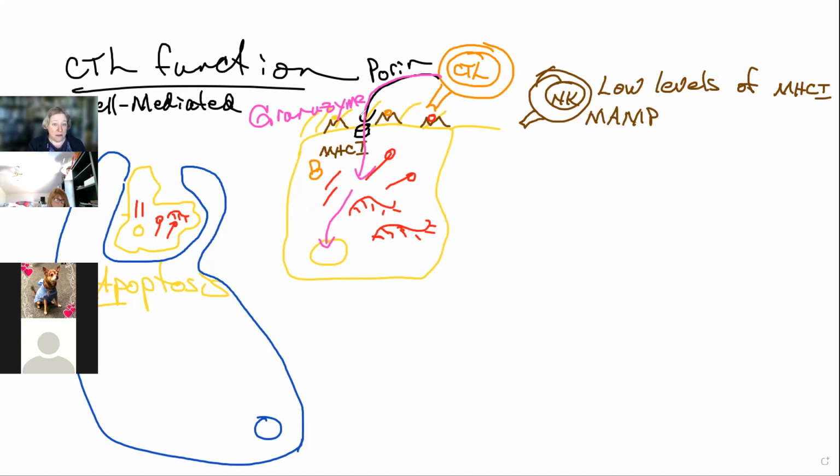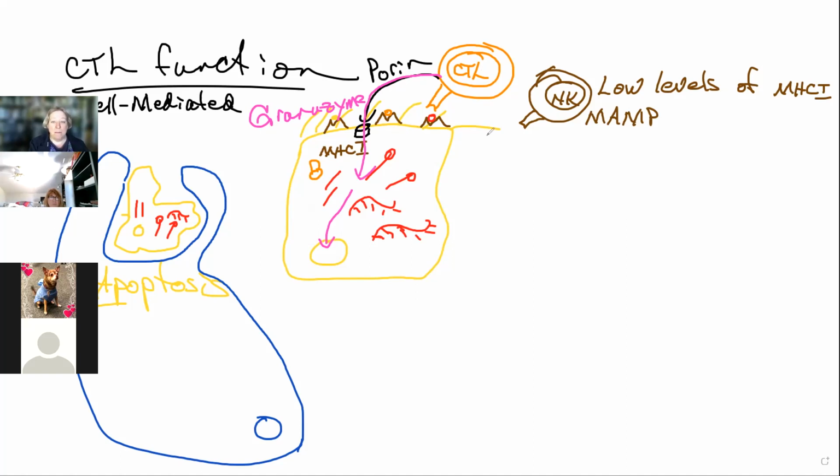It'll release perforin, it'll make a pore so that the granzyme can get in and tell the cell to undergo apoptosis. So they kind of do the same job. This one, they're looking for specific things that are inborn, so it's a part of the innate immune system. This one is looking for specific epitopes that came from exposure.